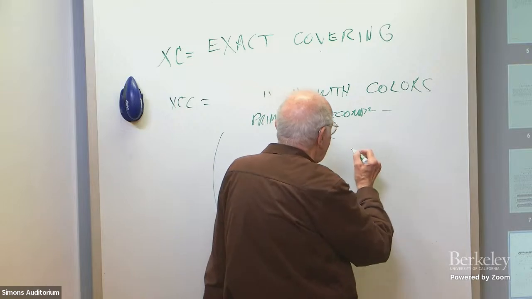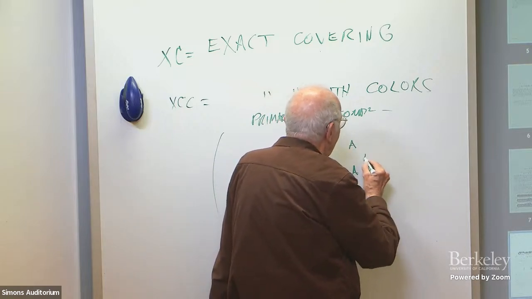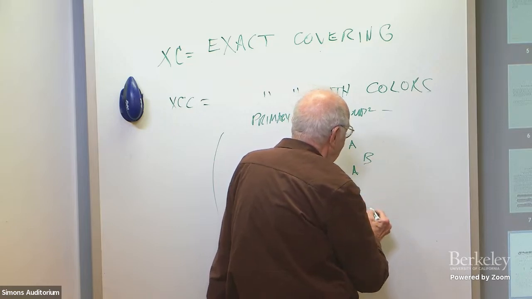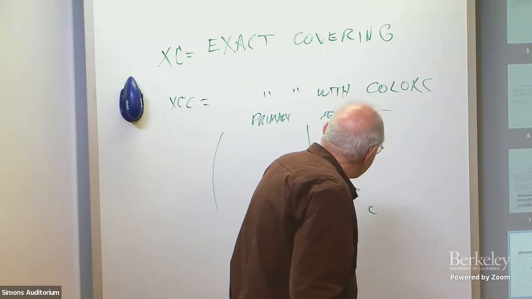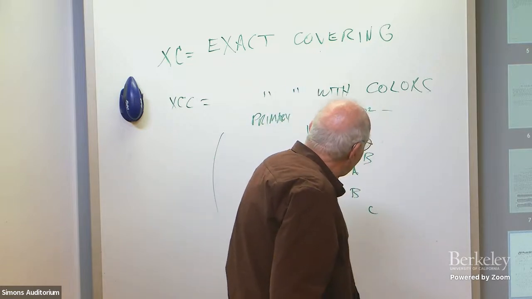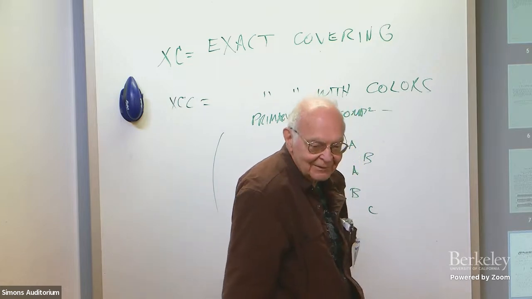But in the secondary, I can also put things like A and B in different colors. And the rule is you're allowed to have two of the same color, but you can't mix the color.